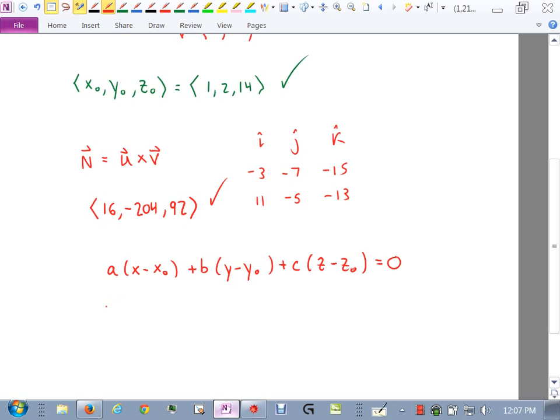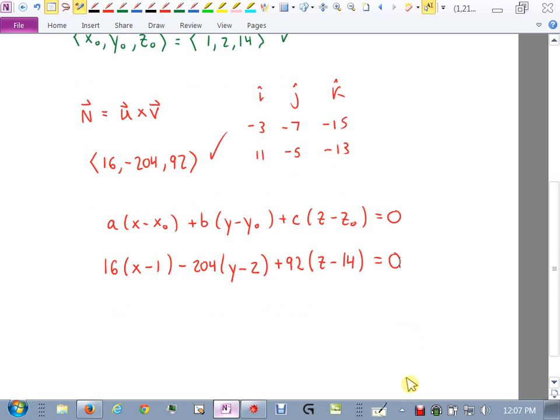What's my A? 16 times x minus, what's my x naught? 1. Plus B, but it's negative, so -204, y minus 2, plus C, so plus 92, z minus 14, right? Equals 0.